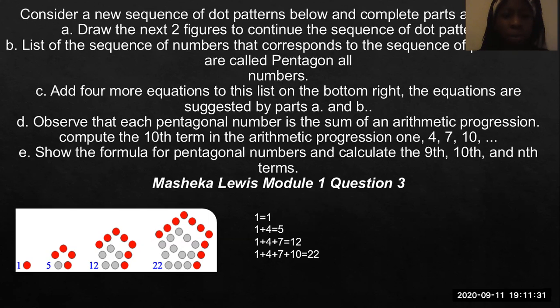C, add 4 more equations, like the equations they're talking about, from parts A and B. So you'll be using A and B to help solve for C. D, observe each pentagonal number is the sum of an arithmetic progression. Compute the 10th term in the arithmetic progression.